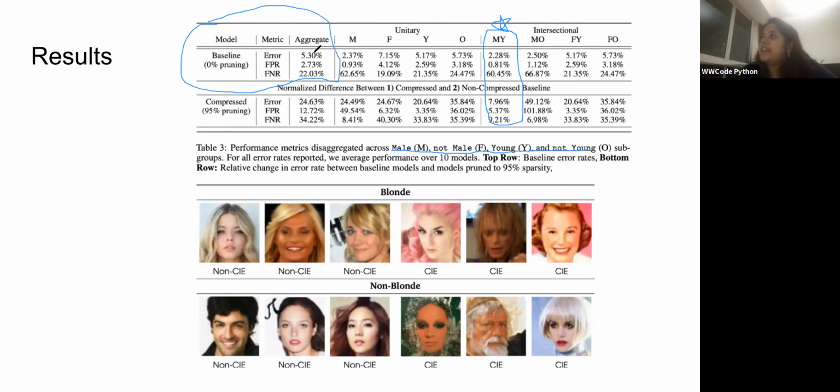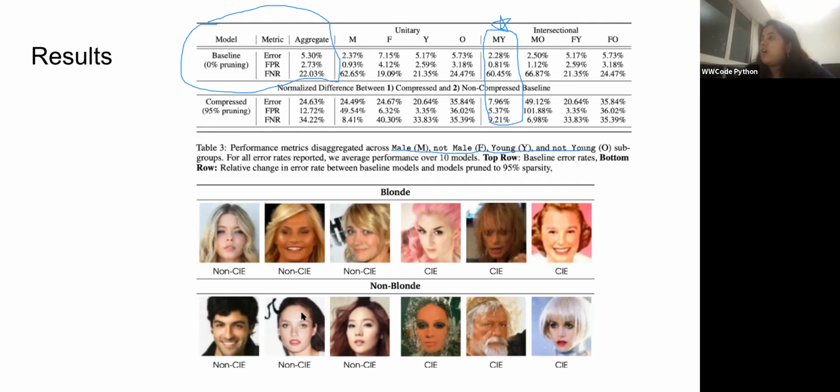The aggregate error that we get with a baseline model, which means you're not pruning it, it's just uncompressed, the way that you would normally run it, is 5.3% error. The false positive rate is 2.73 and false negative rate is 22%, which is good, right? Which means that the model is performing pretty well.